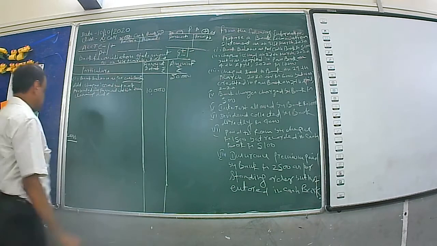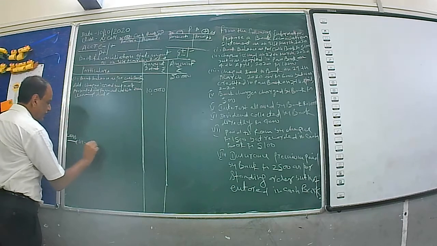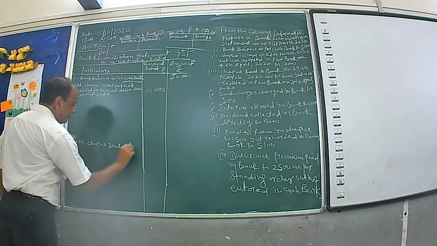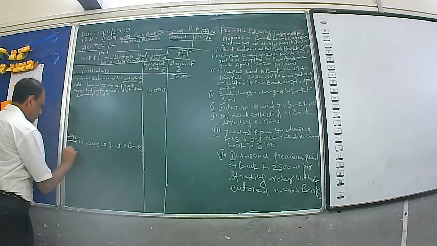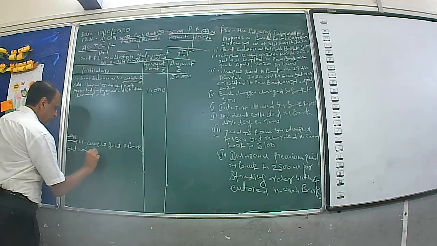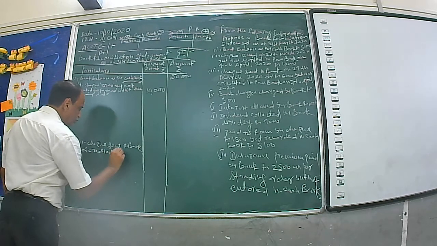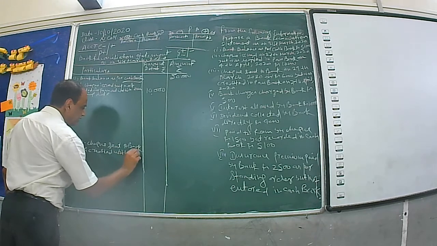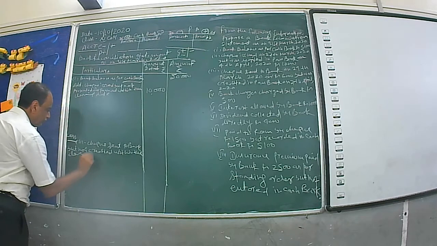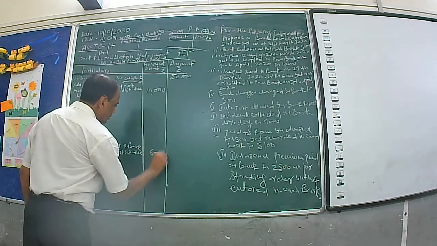Therefore it will be minus: check sent to bank but not credited within the closing date, within 31st March, rupees 6,000.